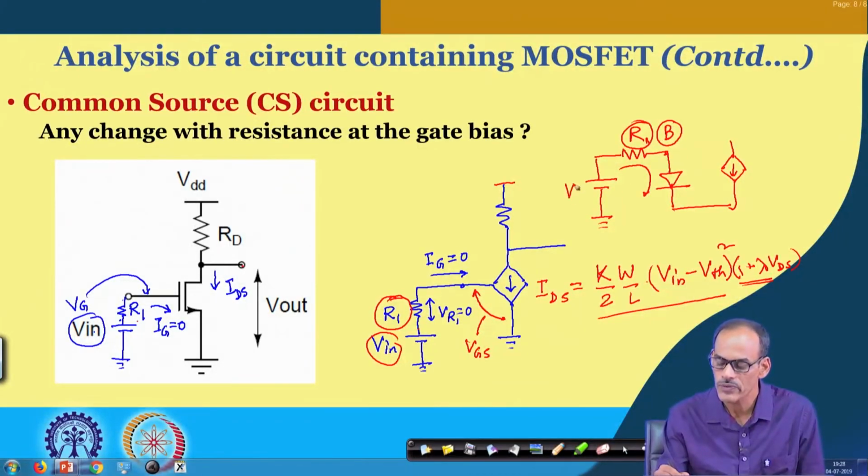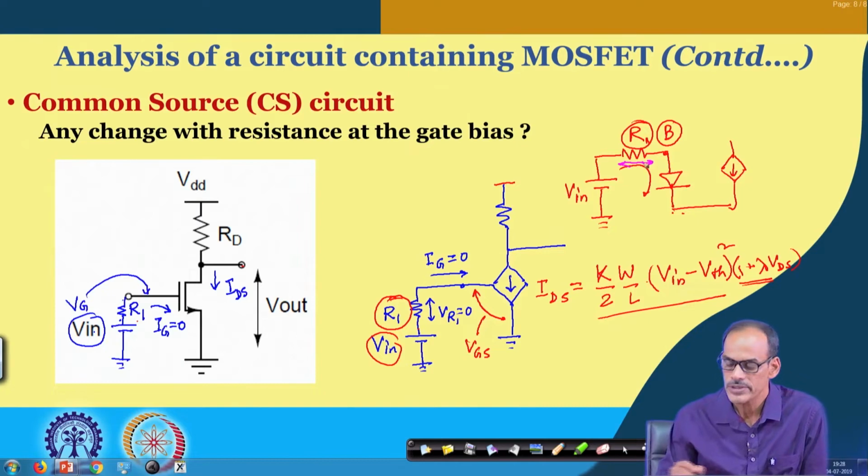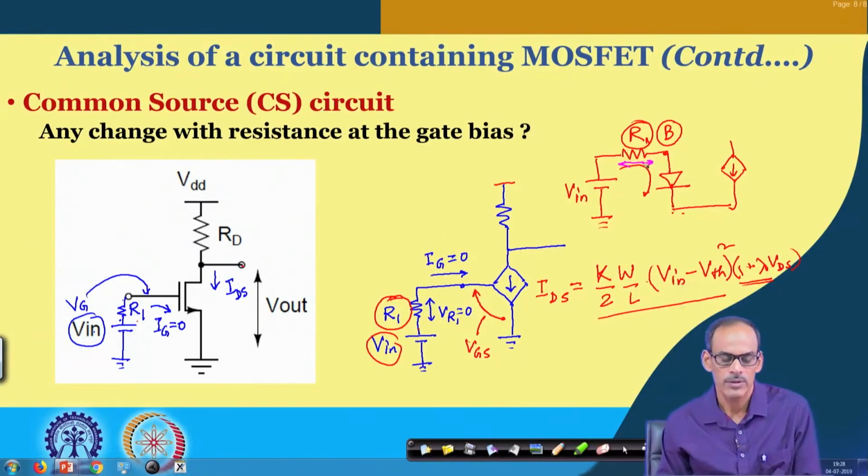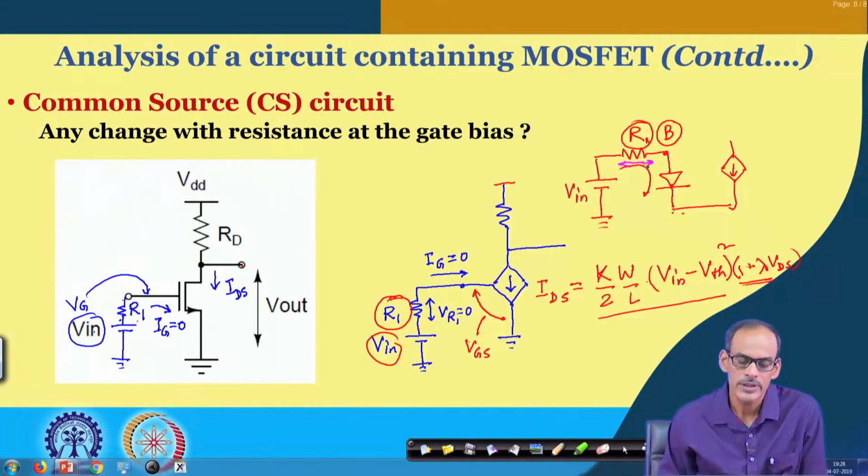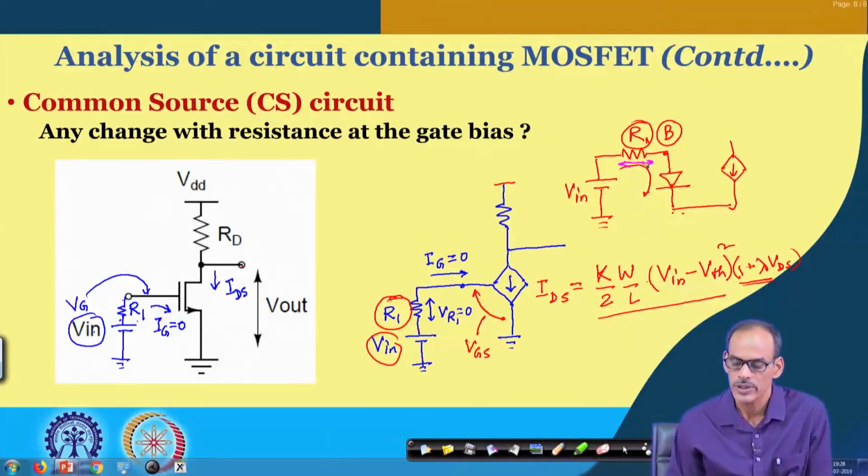So, even though we are applying V in here, the VB will not be the same as V in, because there will be a finite drop across this resistance. So, this drop will be non-zero. That is one important difference while you are analyzing the circuit containing MOSFET and the circuit containing BJT. And of course, the later part will be the same for the two cases.